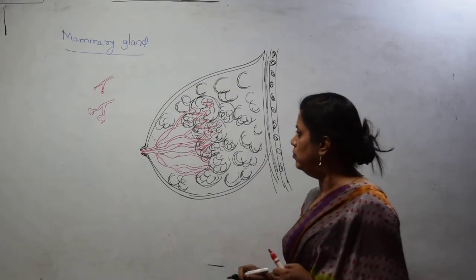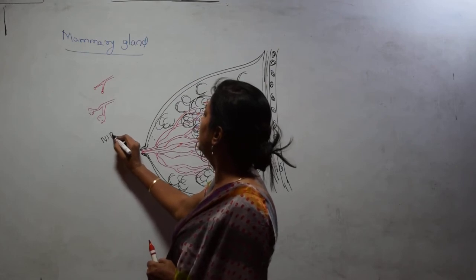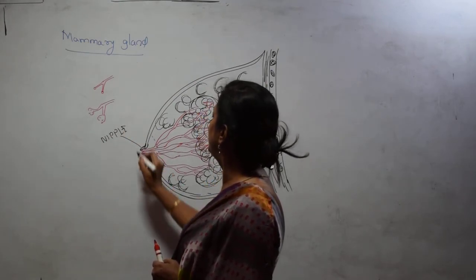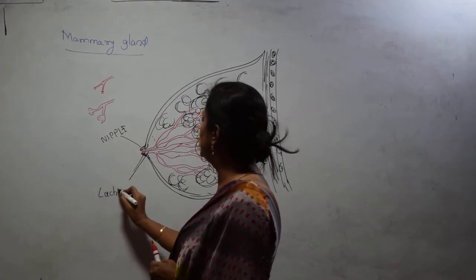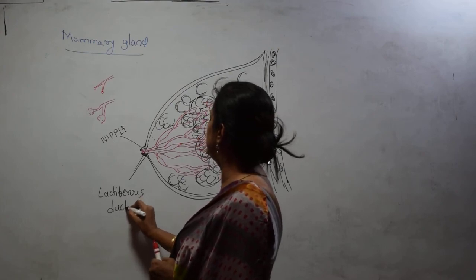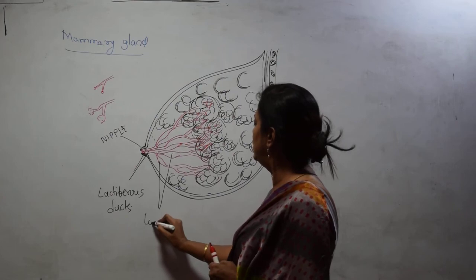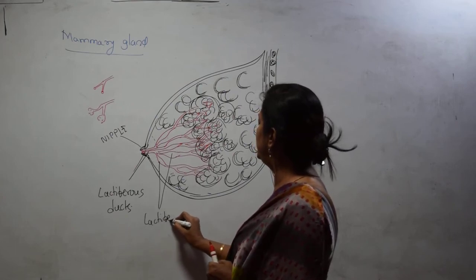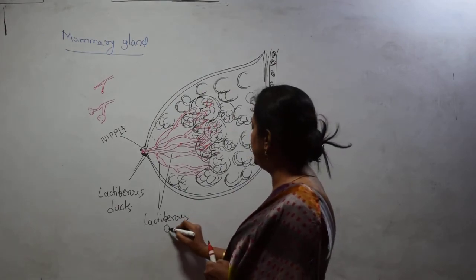What are we to label? Let me begin with this. This is the nipple. These are the lactiferous ducts. And these are the lactiferous sinuses, I told you, ampullae.